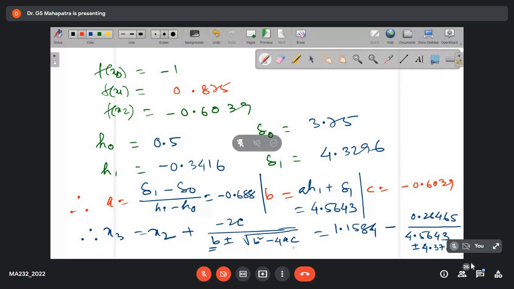Therefore x3 is, one is 1.1584 minus 0.26465 divided by 4.5643 plus 4.3784, and once again it is 1.1584 minus 0.26465 divided by 4.5643 minus 4.3784.